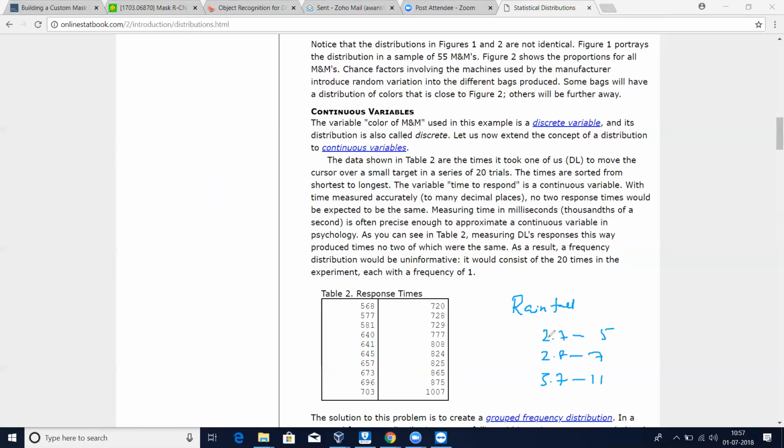You cannot keep plotting one bar for each of them, since how many such options are available? Huge. So what is the next thing you'll do? You will bucketize. 1 to 2 is one bucket, 2 to 3 is one bucket, 3 to 4 is one bucket, 4 to 5 is one bucket, and so on. For each of them, we'll combine whatever data is coming here, so this will be one frequency, another frequency.